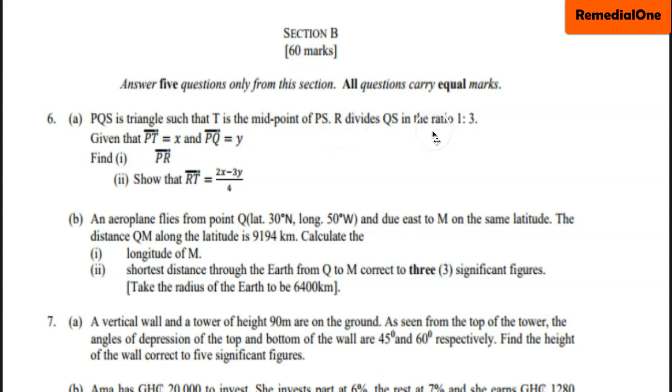R divides QX in the ratio 1:3, given that vector PT is equal to X and vector PQ is equal to Y. Find I, vector PR. II show that vector RT is equal to 2x minus 3y all over 4.